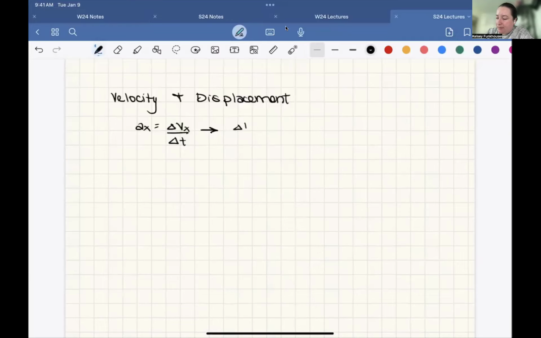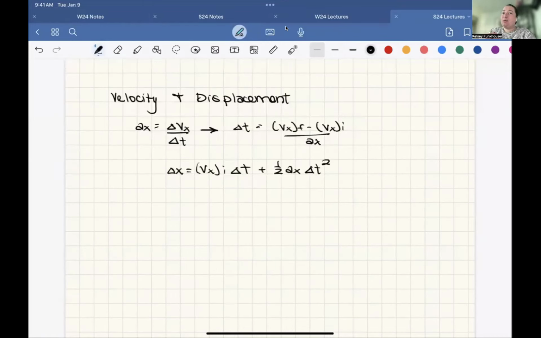It's not actually that much. Vx final minus Vx initial over the acceleration. Now we're going to bring back our equation from the previous page. So I'll write it as the displacement in x equals Vx initial delta t plus 1/2 ax delta t squared.